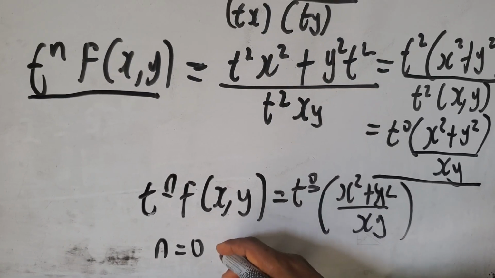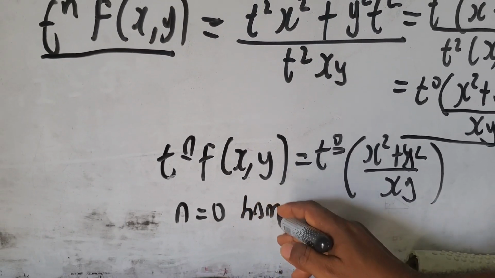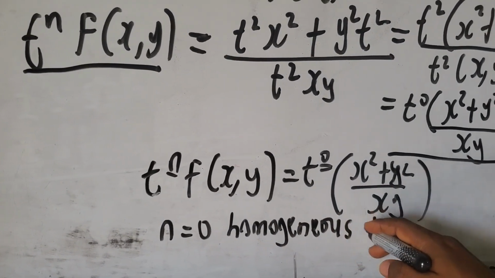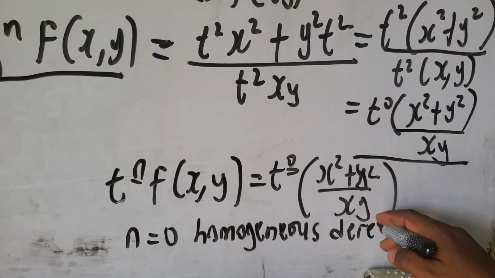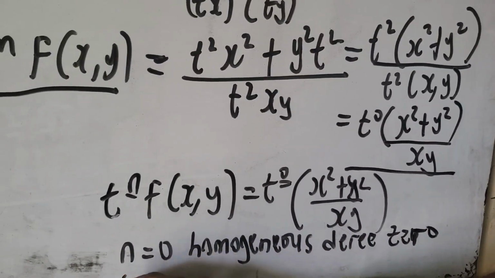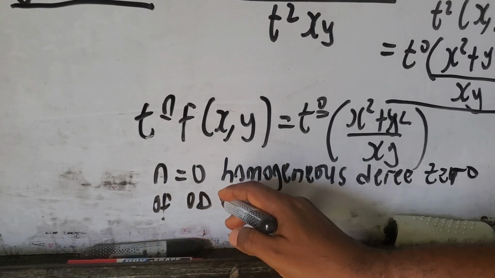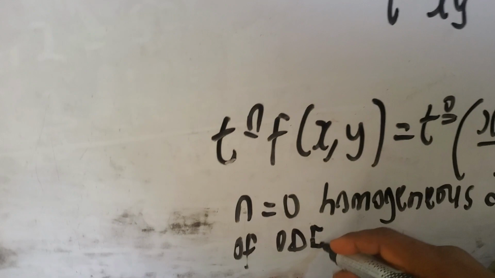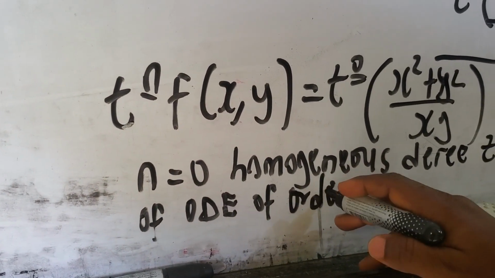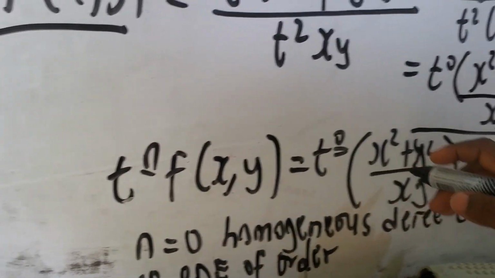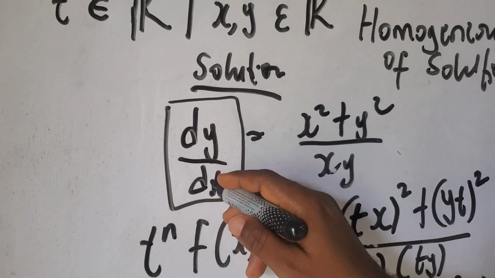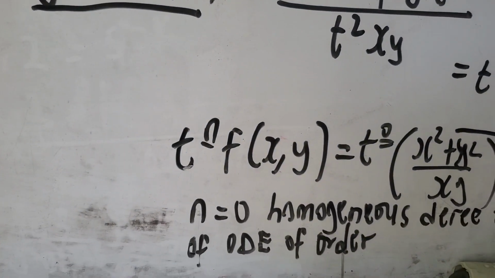This talks about homogeneous degree 0 of ordinary differential equation of order 1. Why do we say order 1? It's because of this derivative that we have here. The order that we have here is 1, so that is why we call it order 1.